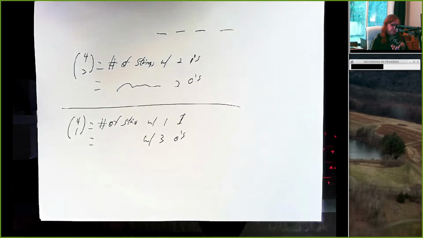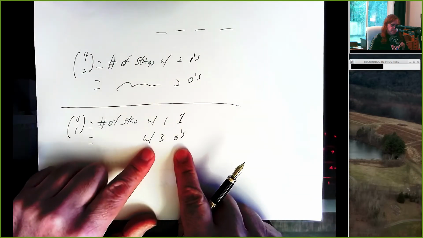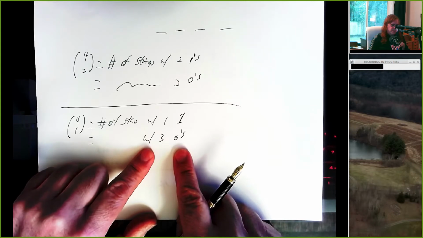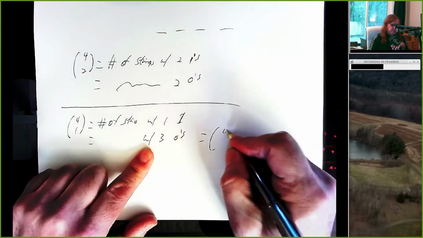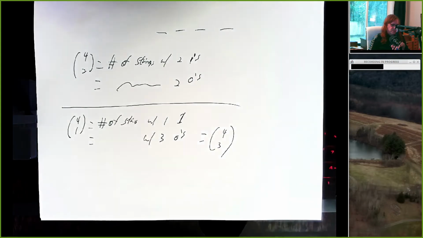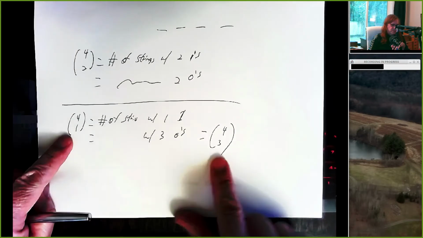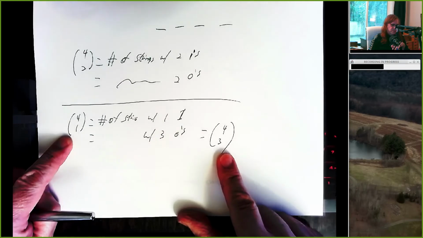But if I look at the original question of how many 4-bit strings I can make with 3 zeros, I would say that's equal to 4 choose 3. So without doing any math, I've convinced myself 4 choose 1 and 4 choose 3 are exactly the same. They must have the same value.